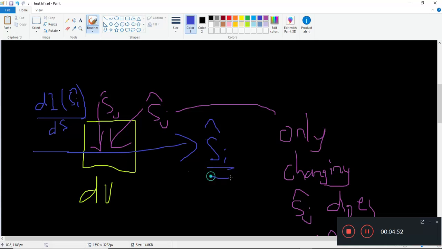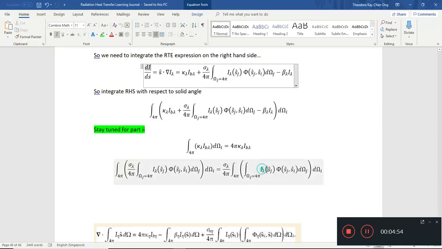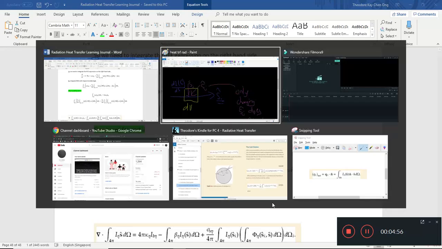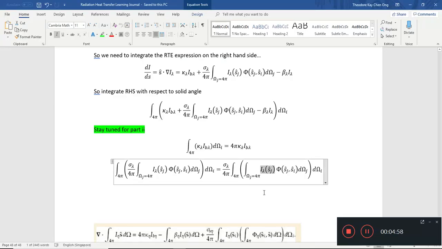So this is the direction we're taking. Direction J doesn't really matter, so we can bring this integral inside.